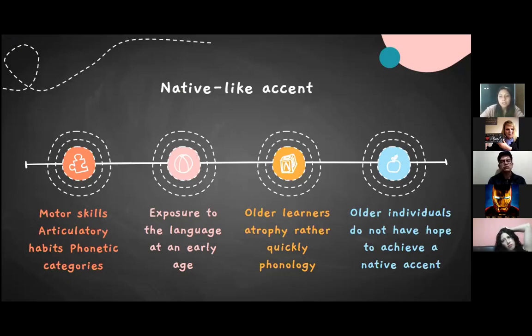Language skill in older learners seems to atrophy very quickly in phonology, especially in suprasegmental phonology, which is intonation, stress, and rhythm. They do learn the language, but later they forget. And older individuals do not have hope of achieving a native accent.